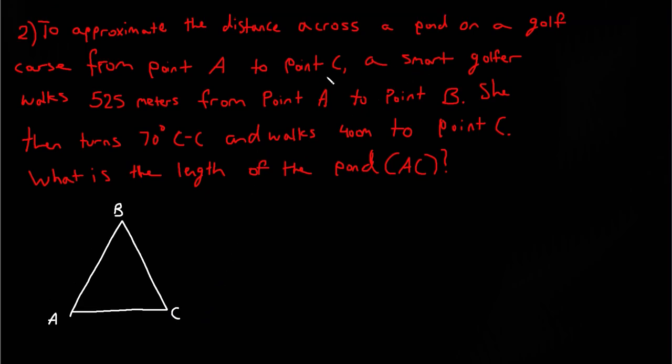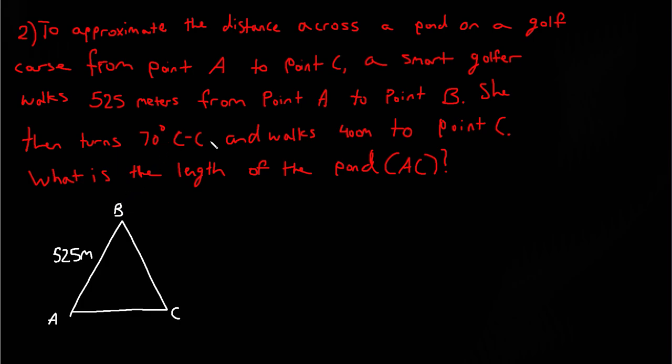And we know that a smart golfer walked 525 meters from point A to point B. So we're going to label that 525 meters.